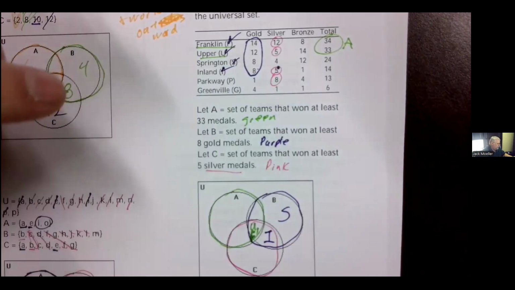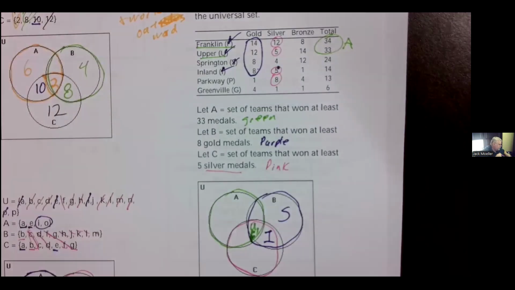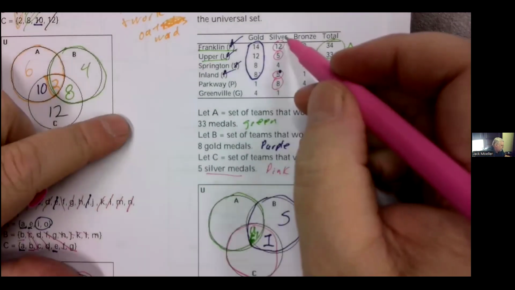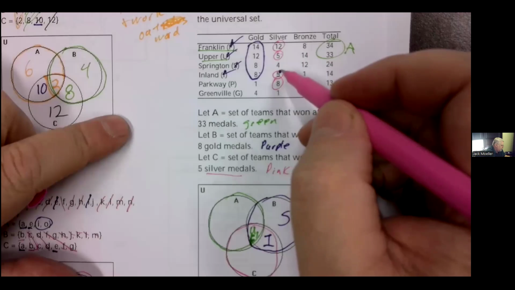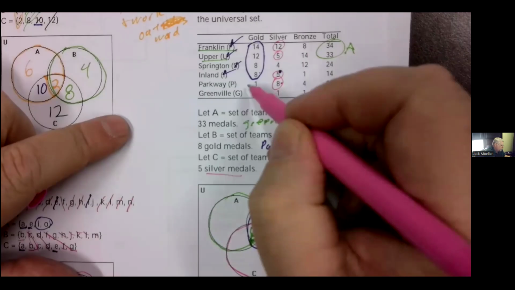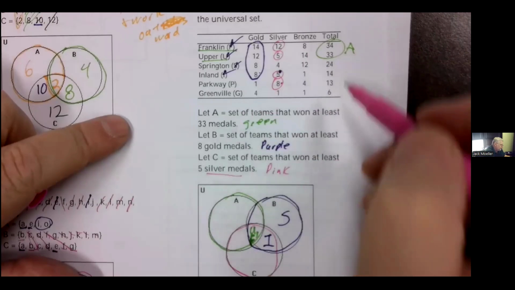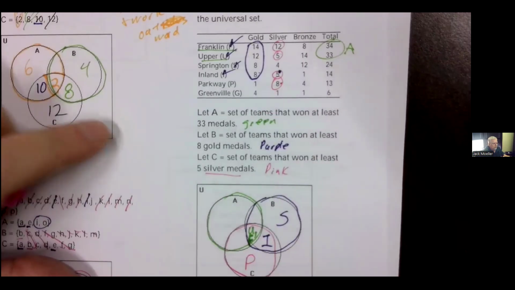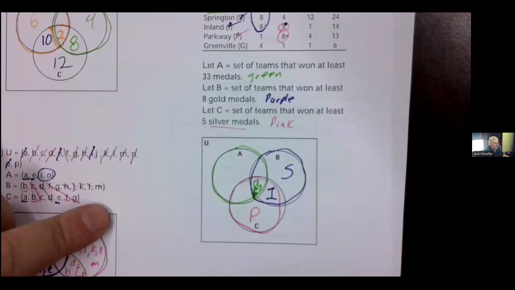All right. So how about silver medals? We've already taken care of Franklin, Upper, and Inland. We haven't taken care of Parkway. Parkway is just in the silver. Put a P for Parkway there. Now, are we done?